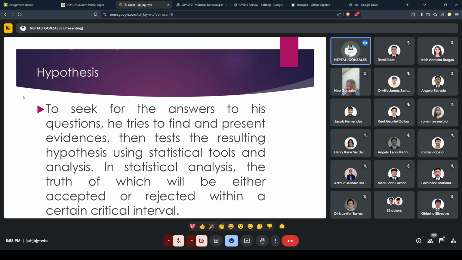So to seek the answers to these questions, he tries to find and present evidence, then tests the resulting hypotheses using statistical tools and analysis. In statistical analysis, the truth of which will be either accepted or rejected within a certain critical interval. So according to the study, there is already a fixed value that we are going to compare, so that we will know if the hypothesis that we are going to create will be accepted or rejected.